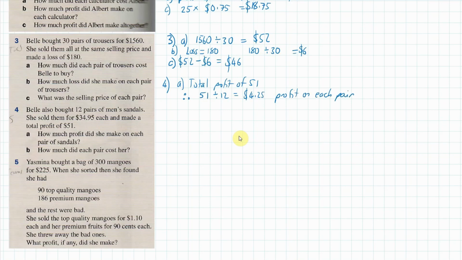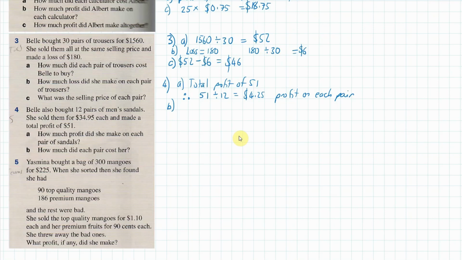And how much did each pair cost her? Well, there's a couple of ways to do this. So $4.25 profit on each pair.